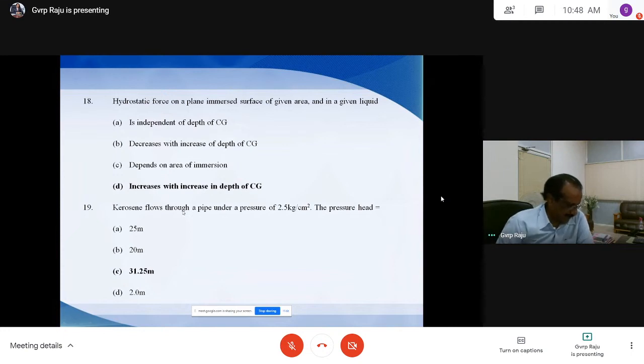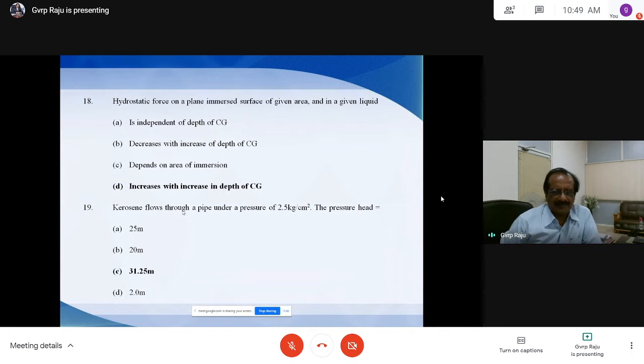And this is 19. Kerosene flows through a pipe under the pressure of 2.5 kg per centimeter square. The pressure head is. So the pressure head in terms of kerosene. You need to remember the kerosene specific gravity is 0.8, sometimes oil 0.9, kerosene you can take 0.8.